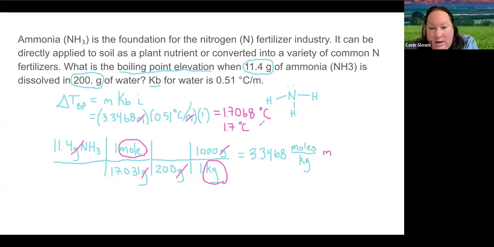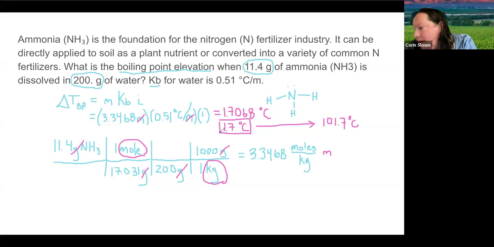So our increase then would be 101.7 degrees Celsius. So the elevation would be 1.7 degrees Celsius. And that's how we would calculate this problem.